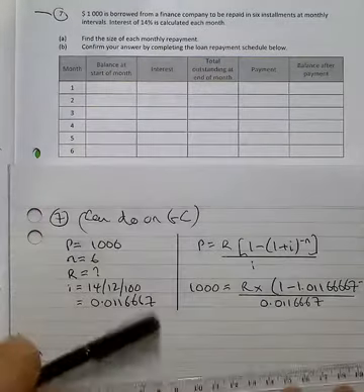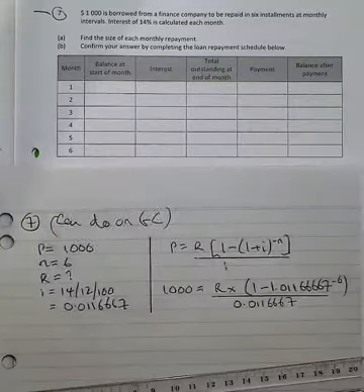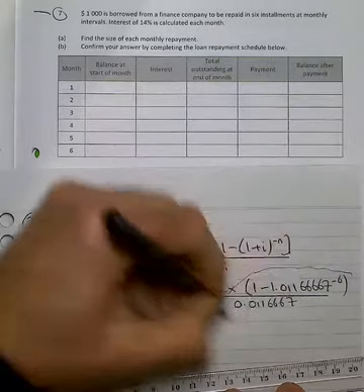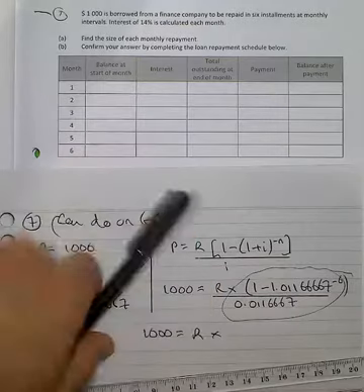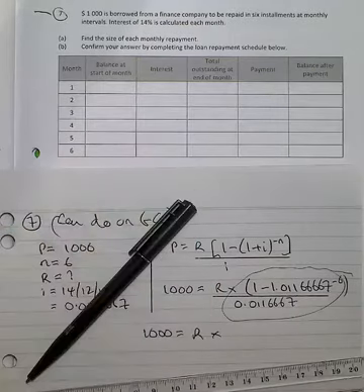Now on the right hand side, I'm going to do this component on my calculator. So the next step will be 1,000 equals R times something.